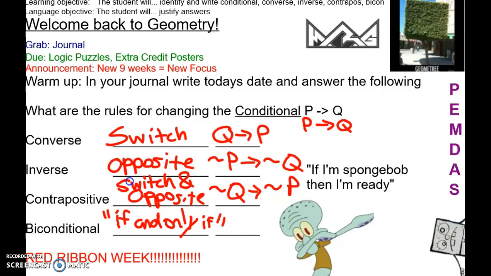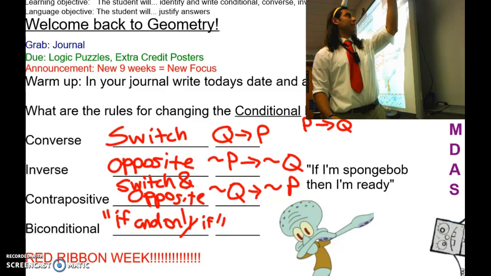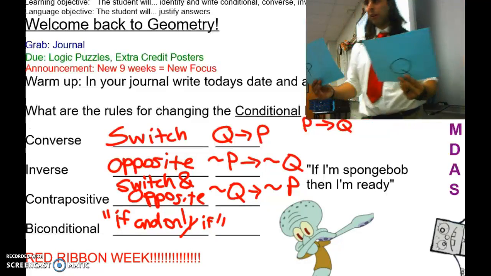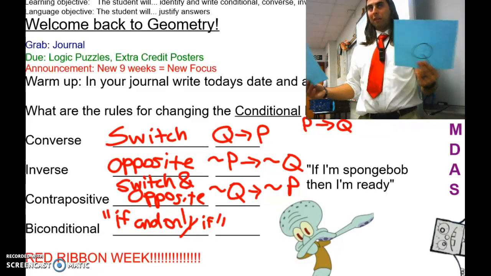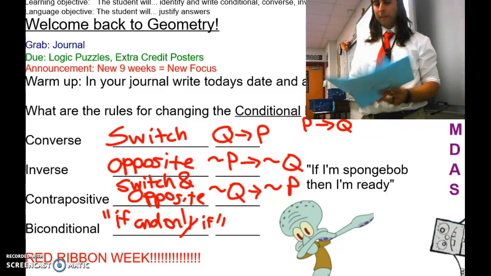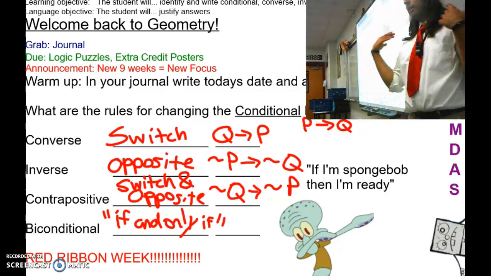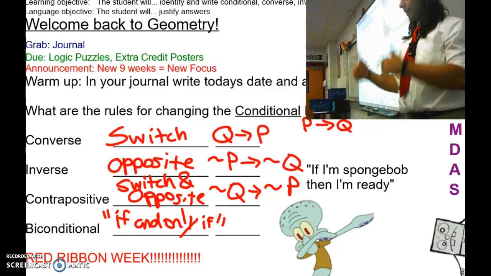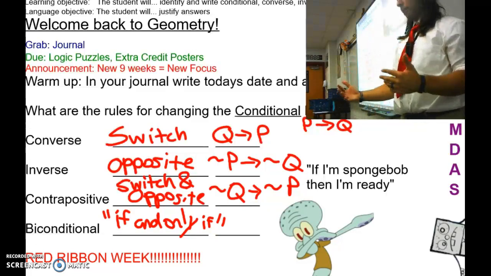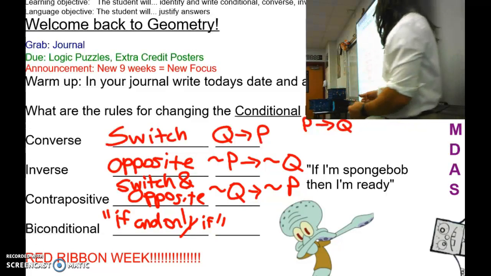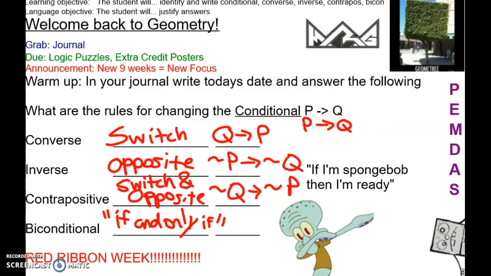So now I don't have a fancy way of doing this, so just P implies Q, Q implies P, they're both true, okay? But for the biconditional, I'm going to say, I'm SpongeBob if and only if I'm ready, okay? And so the way we would write it down here would be P double arrow Q, okay?